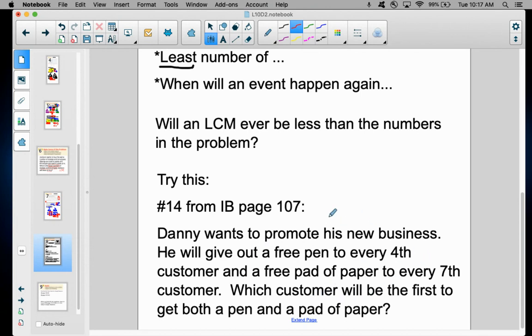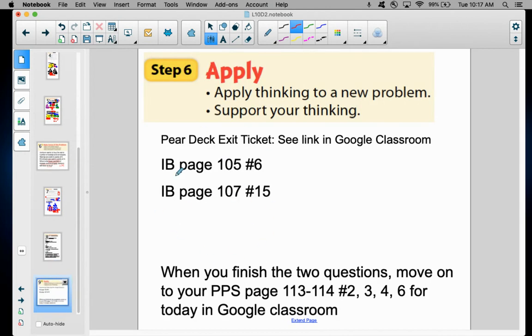So this is a situation where we found the LCM. So that's basically the instruction. Now you're just practicing with LCM with this, and then you are practicing in Pear Deck and practicing in your practice and problem solving. So hopefully this was a shorter way to get the instruction.